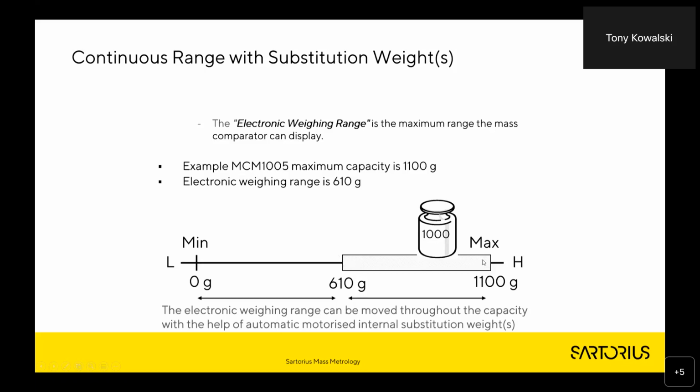So for convenience, the motorized switching of the substitution weight makes it convenient, and in many cases you don't even realize that's happened. So this is what we mean by continuous range, but with a substitution weight.